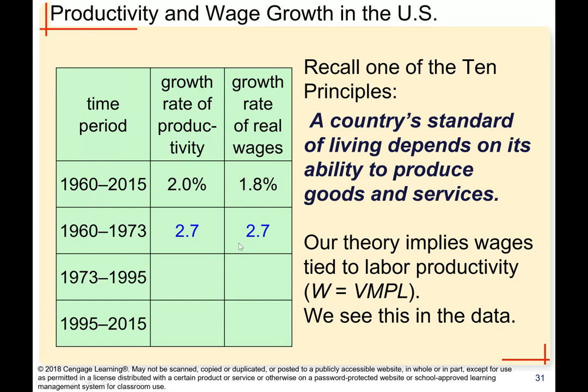From 1973 to 1995, productivity grew by 1.4% and wages grew by 1.2%. From 1995 to 2015, productivity grew by 2.1% and wages grew by 1.8%. So there's a correlation: as productivity increases, wages increase.